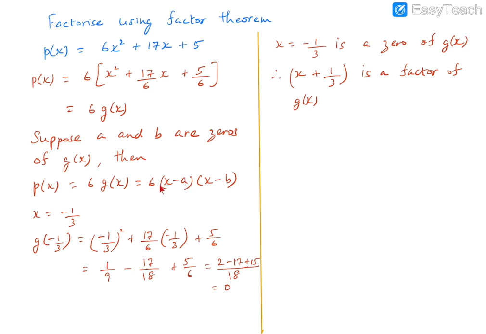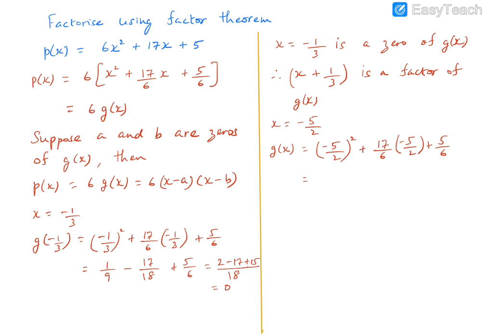So x minus a, we get x plus 1 over 3 as a factor. And similarly, by trial we have found that the second 0 is x equals minus 5 over 2. So when we substitute x equal to minus 5 over 2 in the expression for g of x, this will be minus 5 over 2 square plus 17 by 6 into minus 5 over 2 plus 5 by 6.